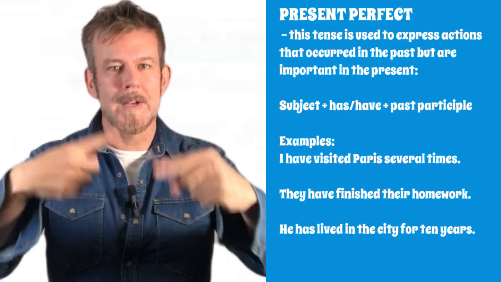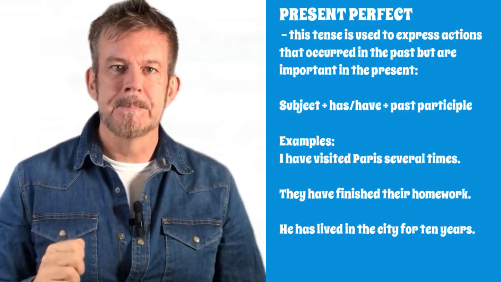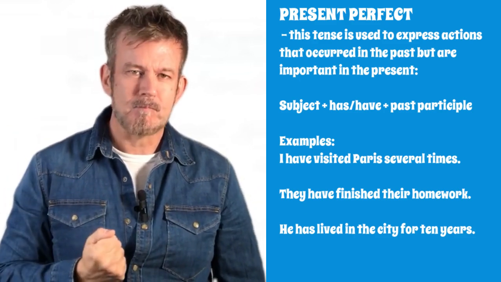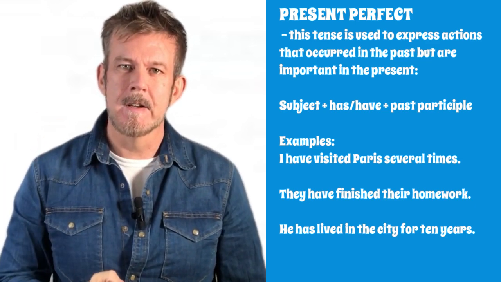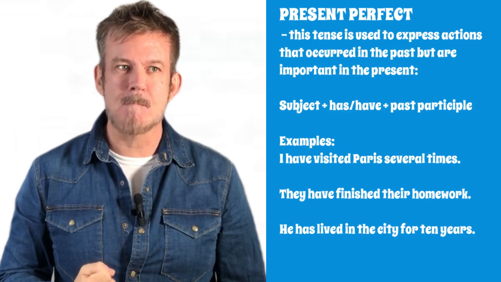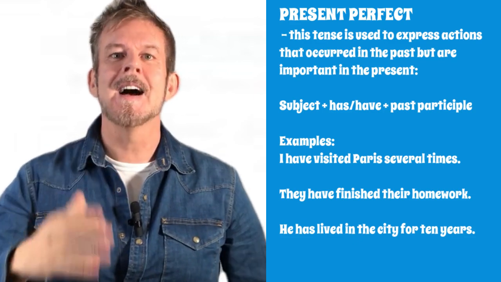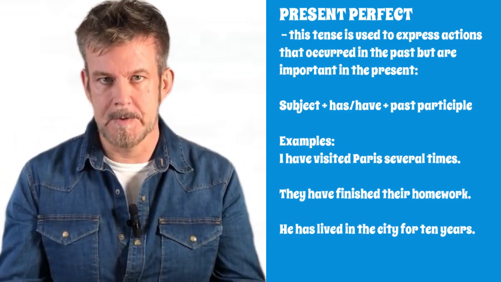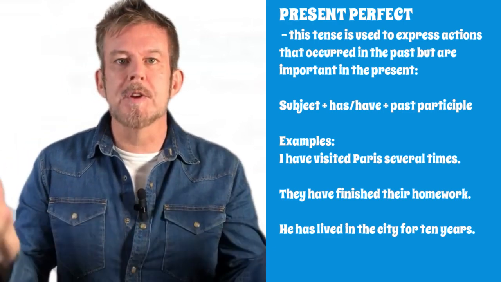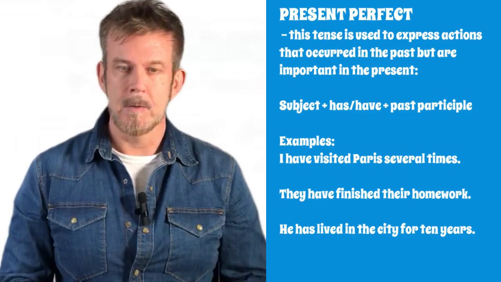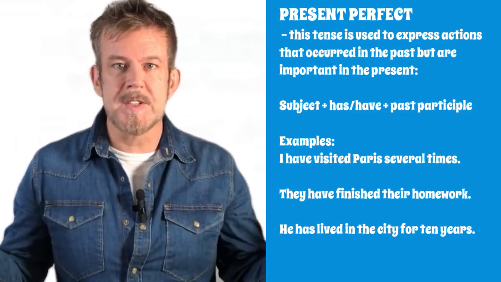Or if someone says, I have lived in this city for 10 years, that tells me that that is a person I can ask questions about the city, right? So I can ask, where are the good places to live? Or again, any good restaurants?